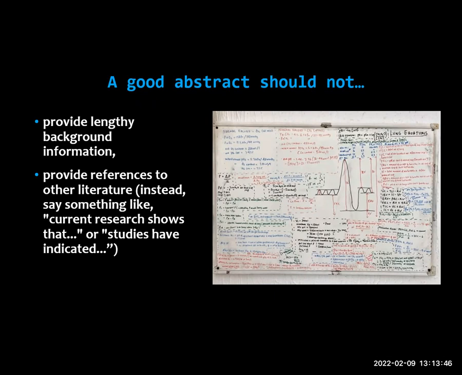A good abstract should also not provide references to other literature. You don't want to be listing a bunch of studies that have been done. It may look impressive, but you're going to use valuable space, and you might lose your reader in the process. So instead, say things like current research shows that, or studies have indicated, and focus on the trends.